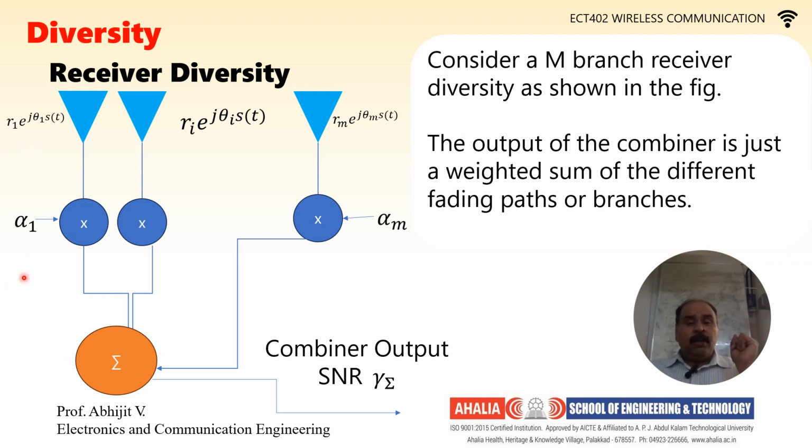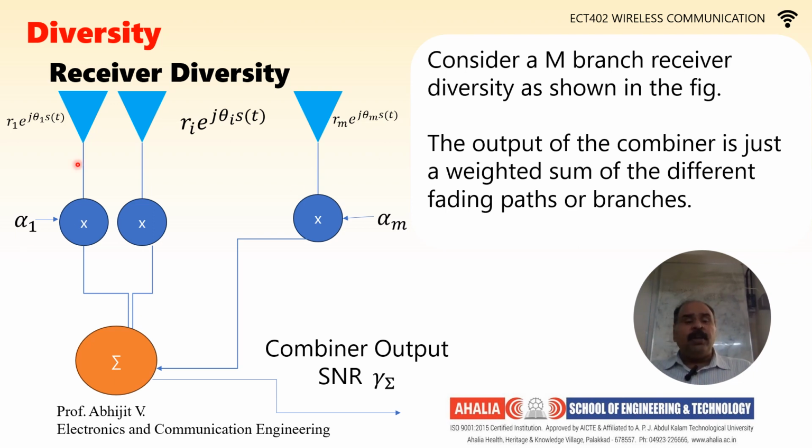You have a multiplier component to find the weighted sums, which we call alpha 1, alpha 2, alpha 3, up to alpha M. All these signals are received and combined, and the combined output signal to noise ratio is denoted as gamma sigma, the weighted sum of the different fading paths.